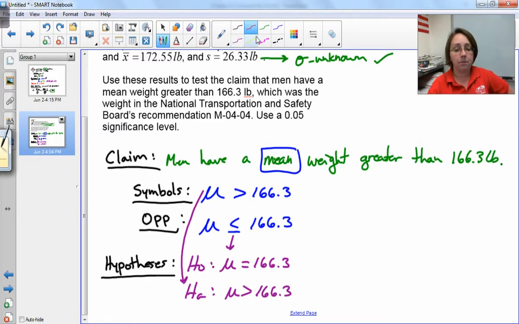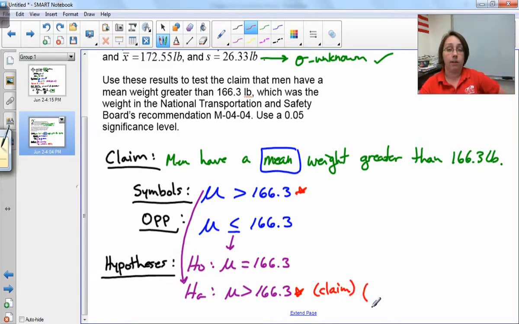Let's make a couple notes. Which of these is our claim? The null or the alternative? Remember, the original set of symbols was the claim, so that means your alternative is our claim. Also, how many tails do we have? Greater than is which direction? Think greater, think the bigger end of the bell curve, the larger values, not the actual size bigger. So this is actually a right-tailed test.